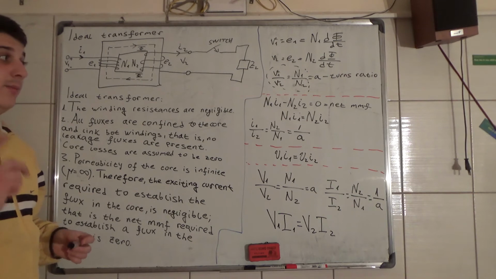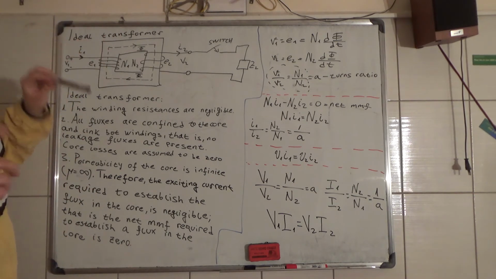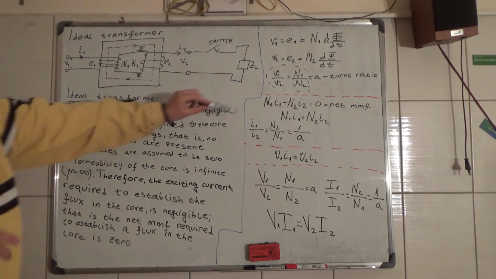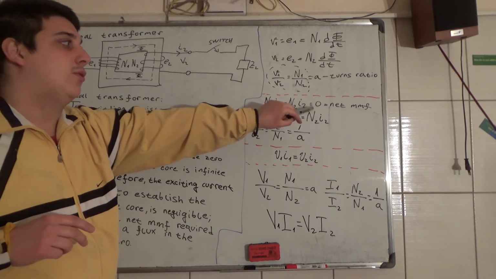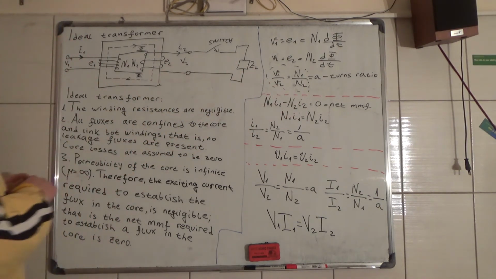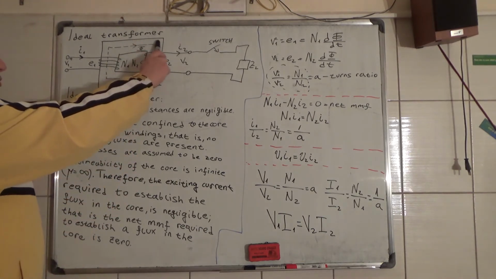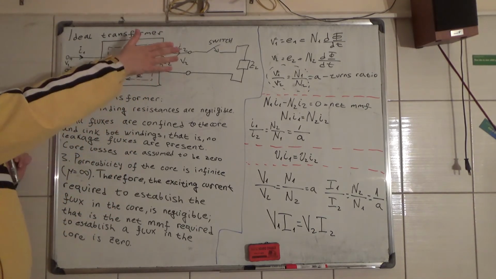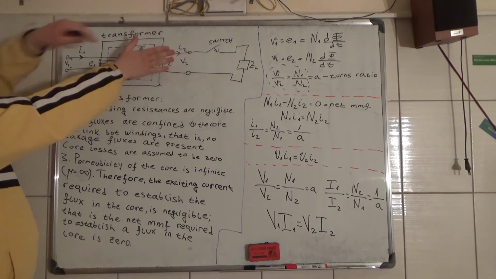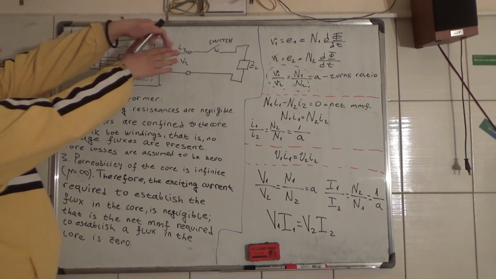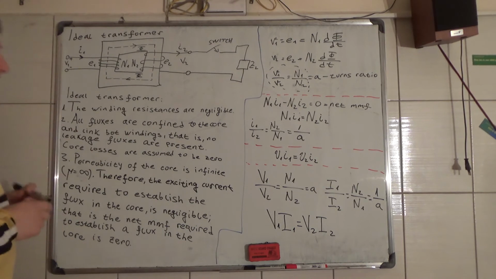Because the net MMF of this magnetic core must be 0, N1 times I1 minus N2 times I2 is equal to 0. This is also by Lenz's law: if the magnetic flux is going in this direction, the I2 must provide opposing magnetic flux, so the current will go in this direction, right here.